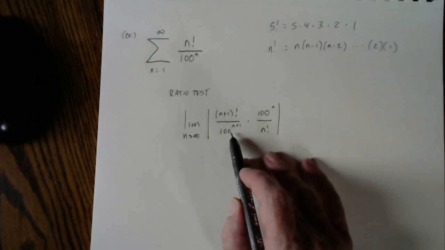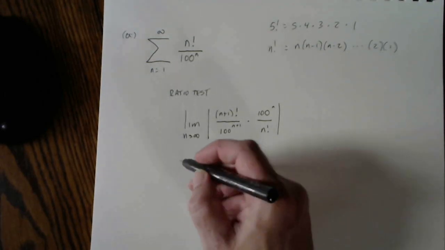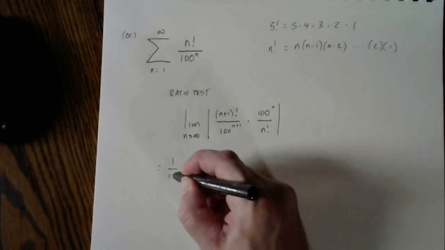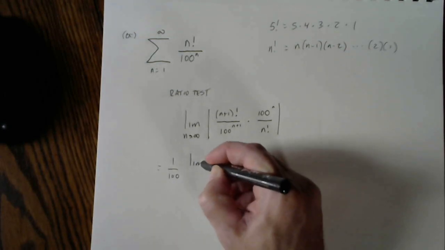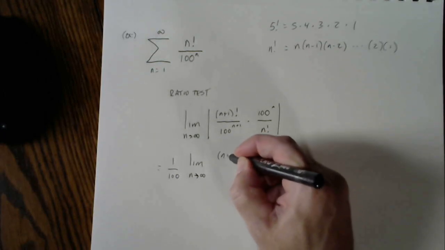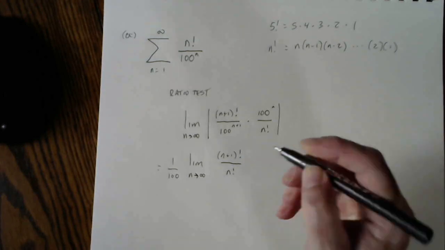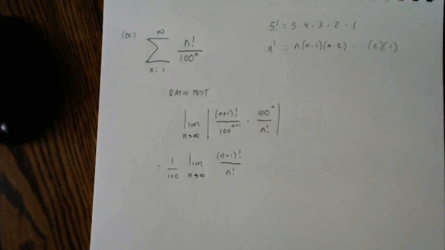I got n plus 1. There's an extra 1 here. I'll choose to pull that constant out of the limit. Not that you have to, but I just like that. And we have this. Now, what to do with this?